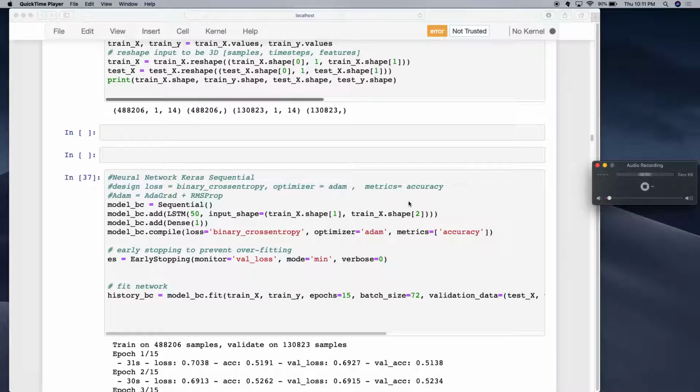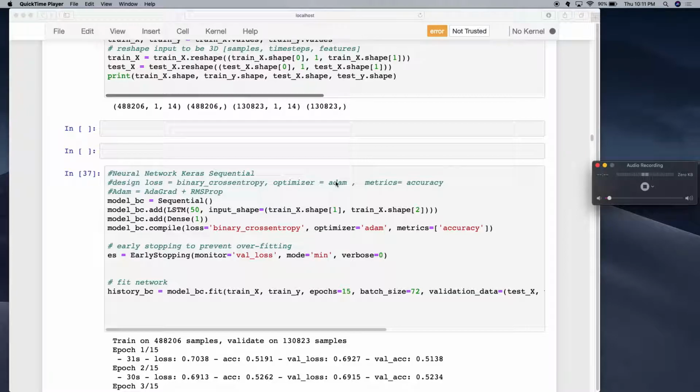And the optimizer I used is Adam, which is an adaptive momentum estimator. It's a little bit better than the stochastic gradient descent, and Adam is a combination of adaptive gradient descent and root mean square propagation.